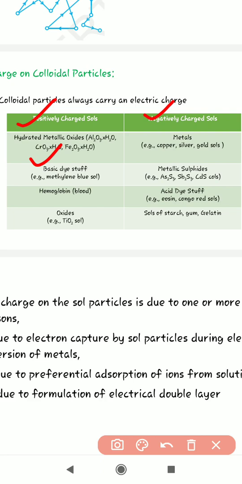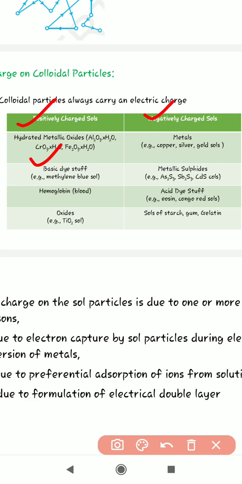Next one is metallic sulfides: arsenic sulfide, antimony sulfide, cadmium sulfide. These show metallic sulfides acting as negatively charged sols. Next one is acid dyestuffs: eosin, Congo red, like that. These also show negatively charged sols.